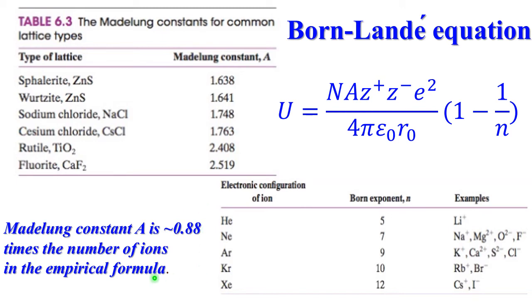So practically, maybe we can make another approximation and simply discard the Madelung constant altogether to make a more primitive estimate.